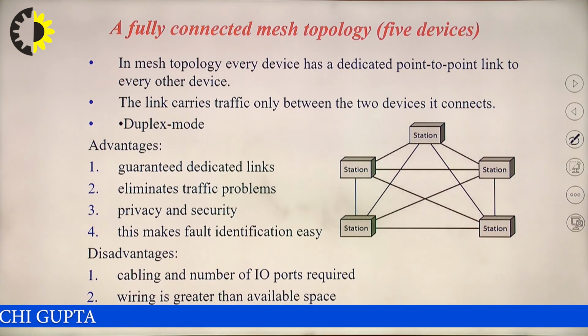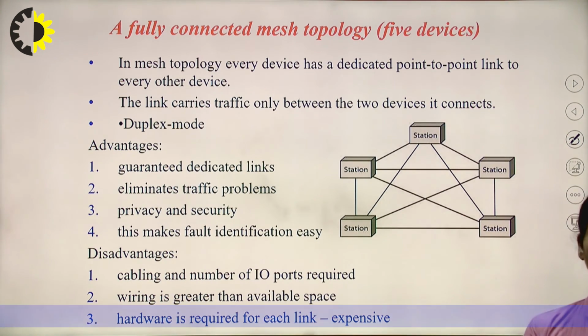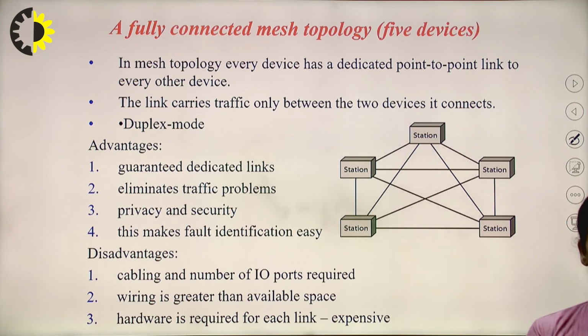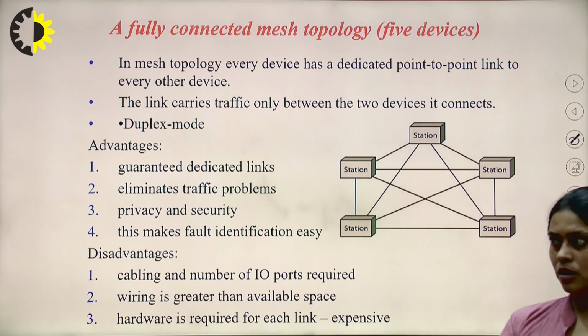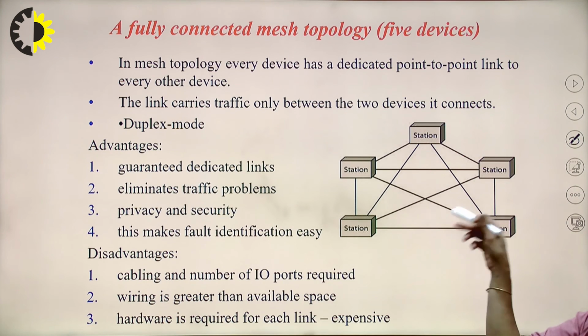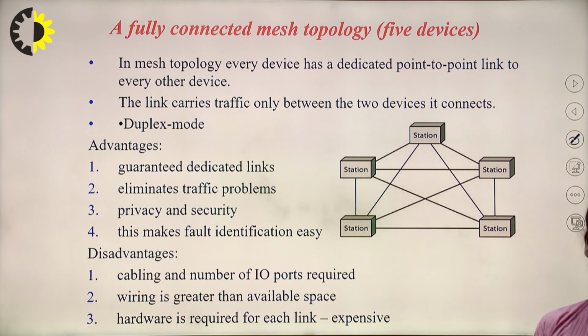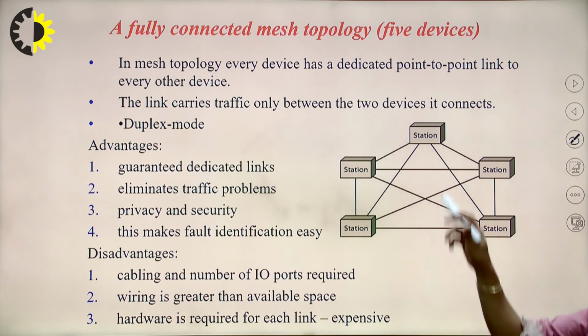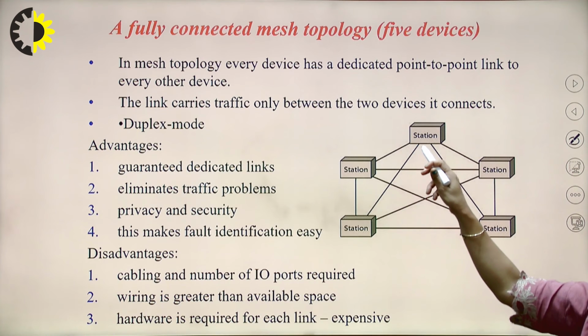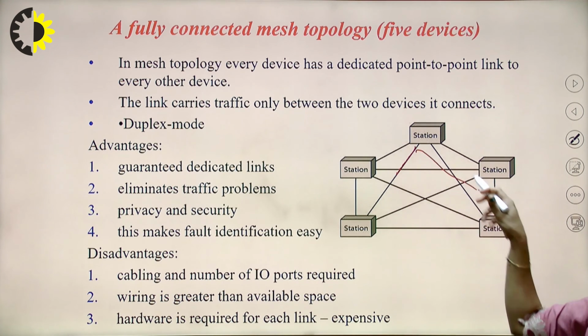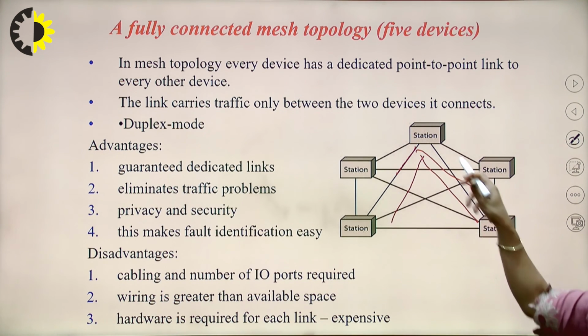First of all, the mesh topology. What is the concept of mesh topology? Suppose in this example, we are using 5 nodes. In the mesh topology, every device has a dedicated link with every other device.